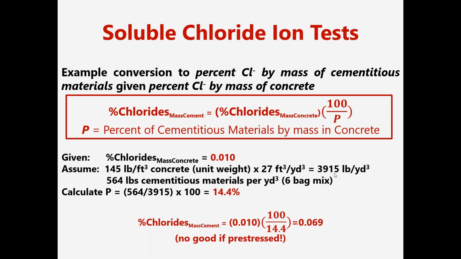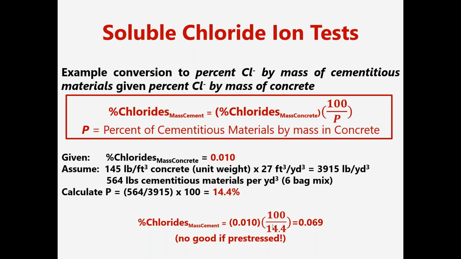So that's our unit weight per yard, 3915 pounds. We can assume, say, 564 pounds of cement in a cubic yard. For some of us old timers, that's your traditional 6-bag mix. And then you can calculate P just by taking that 564 divided by 3915, which is our unit weight of concrete, multiplied by 100 to give us a percentage of 14.4.